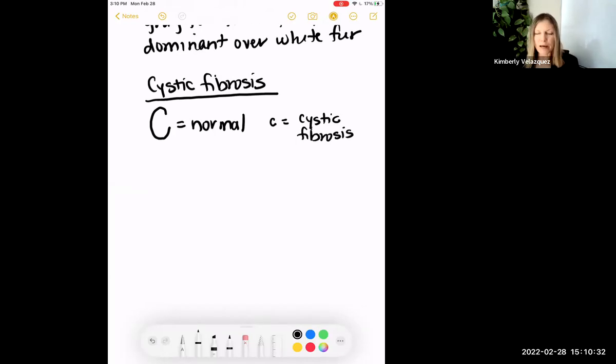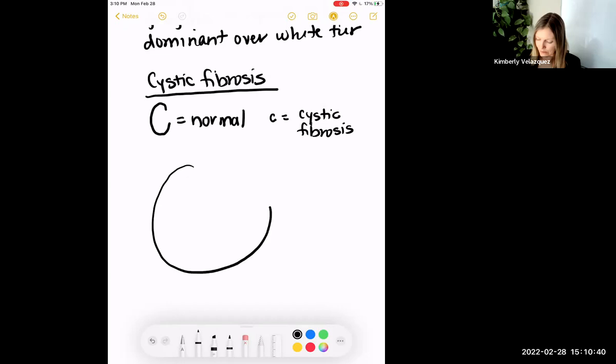Let's talk for a minute about what this gene that's affected by cystic fibrosis codes for. In your cell membranes, you have proteins that allow salts to move in and out of the cell. It's a transmembrane protein. And in cystic fibrosis, the DNA code for that specific protein is incorrect, and it codes for a misshapen protein, and salts cannot move in and out of the cell.